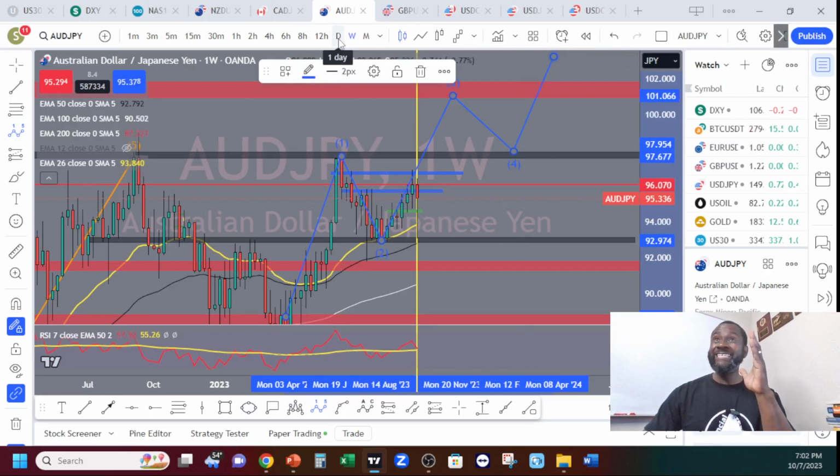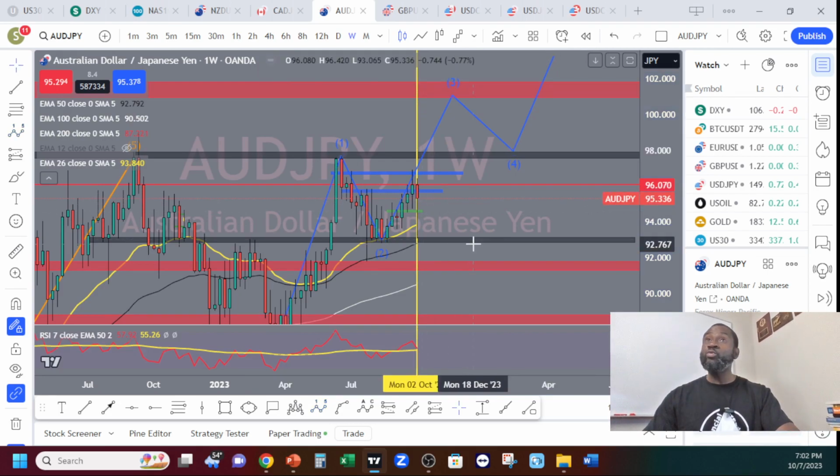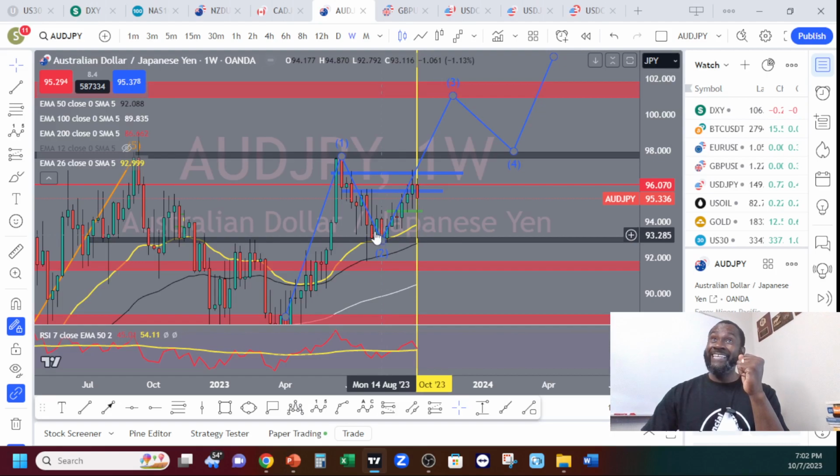Let's go to the daily, but before that, the second thing is the candlestick. We can see that last week the candlestick gave us a hammer. You can see price went down to the support level. This is a weekly level in black that has a lot of price action right here. It's been 1, 2, 3, 4, 5, 6 weeks here that it couldn't break it before continuing to go up.